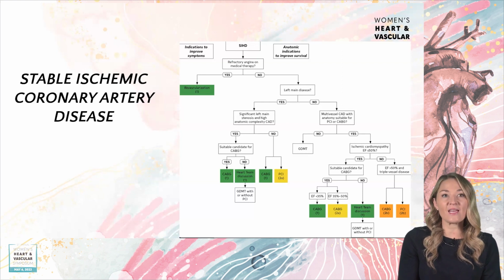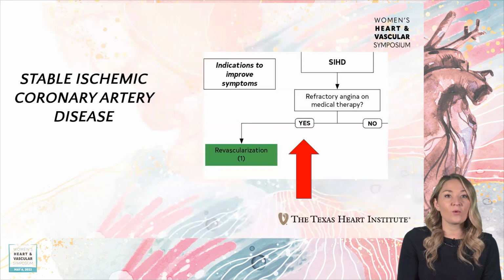So SIHD, stable ischemic heart disease, up at the top. Let's start with a very simple part of this diagram, and that is, does your patient have stable ischemic heart disease, meaning they're not coming in with a heart attack? However, they have chest pain or angina and they're on good medical therapy. You've titrated their meds, you've put them on as much blood pressure medication, beta blocker, and anti-anginal drugs as possible, but do they still have pain?